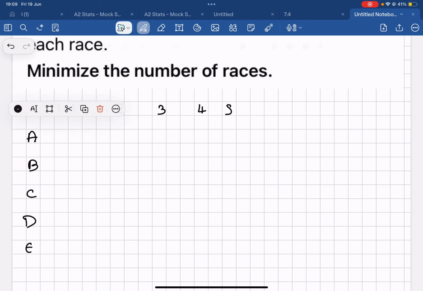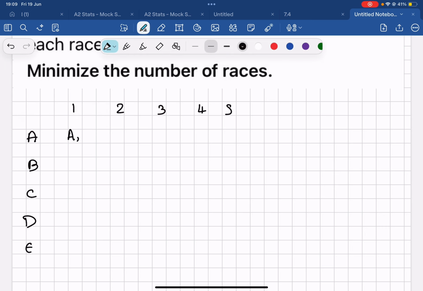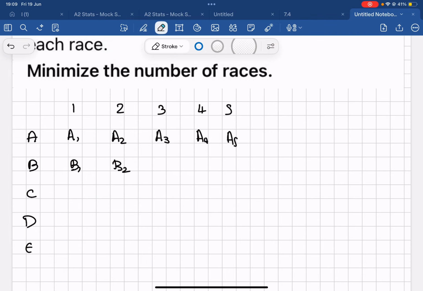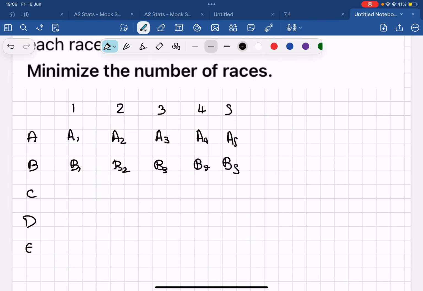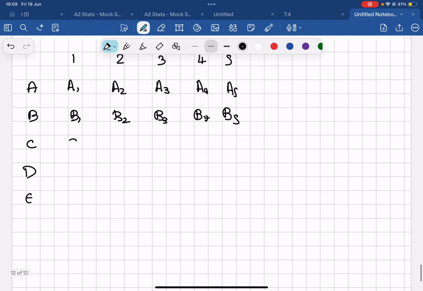We'll label the horses A1, A2, A3, A4, A5, B1, B2, B3, B4, B5. Bear with me.